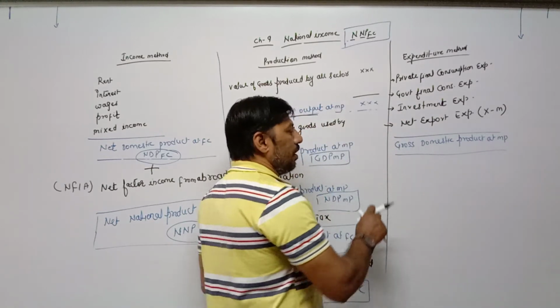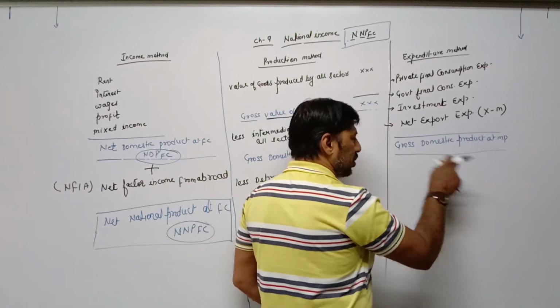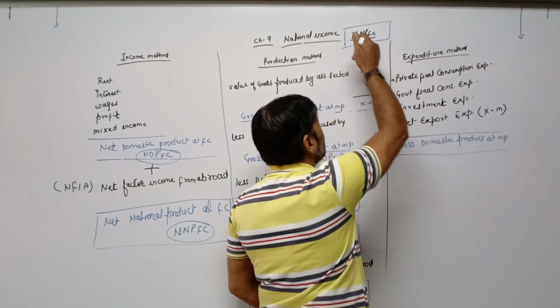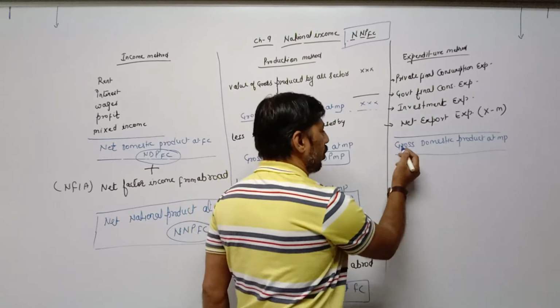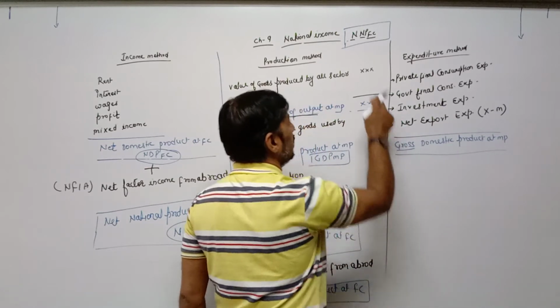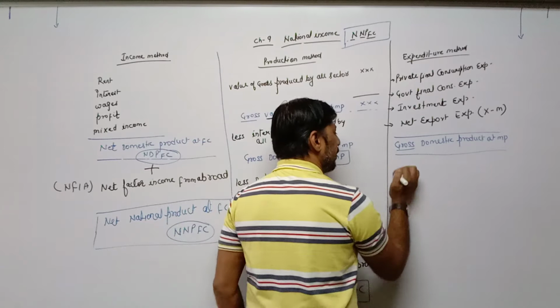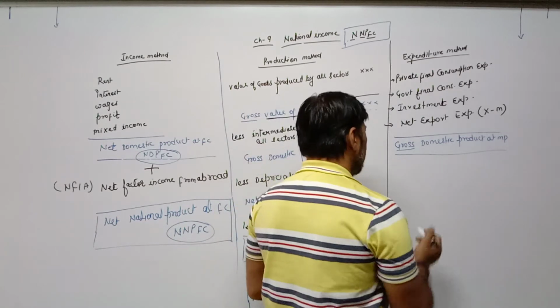Now one by one we have to deduct or add such terms which bring national income, meaning NNPFC. Which term first of all do we have to deduct? Here gross is written. We need to convert gross into net. So less depreciation.